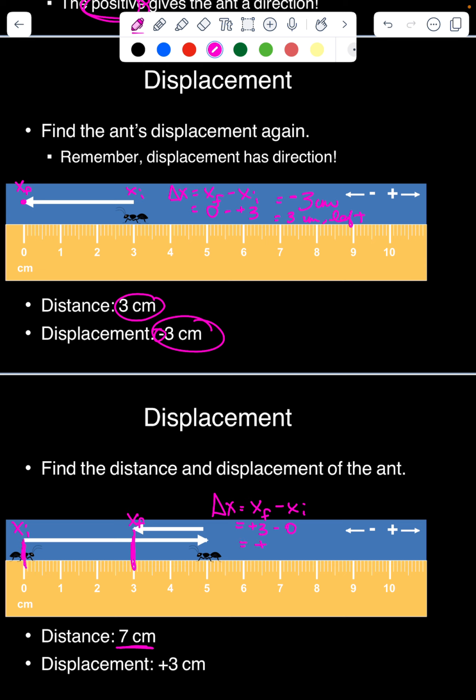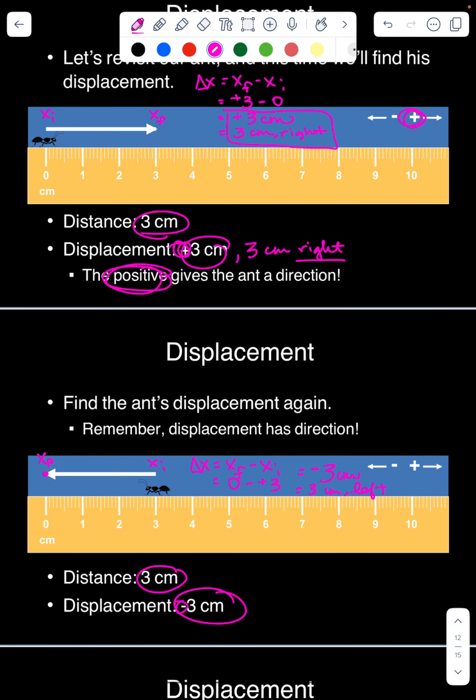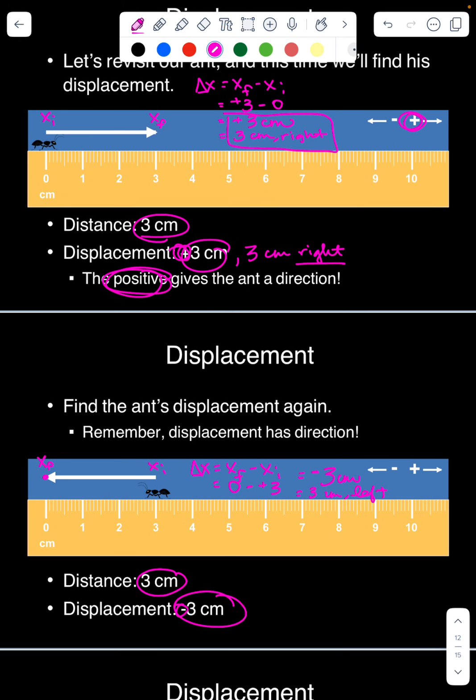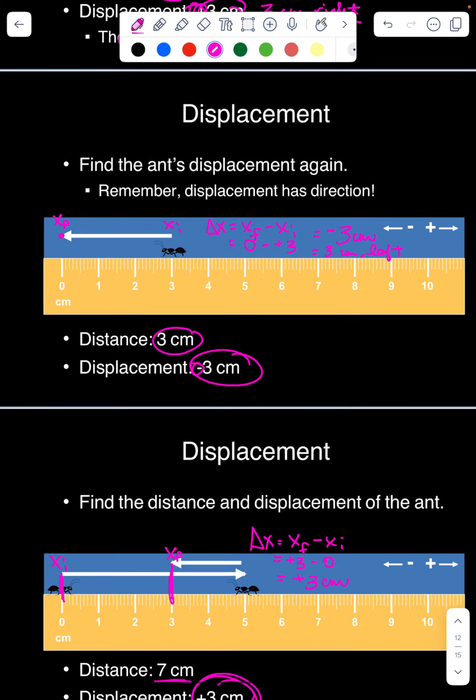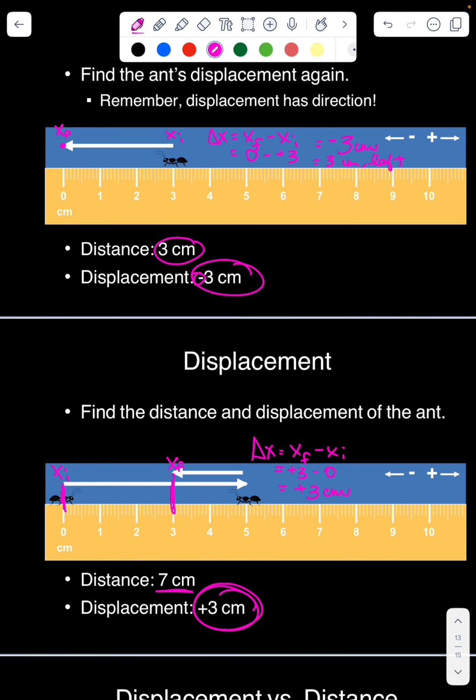So we have 3 minus 0, which gives us positive 3 centimeters. Okay, so our displacement is positive 3. So notice the difference. With the other two, the distance and the displacement were the same. We just had directions added to them. But this one, because it was 2 different motions, these two are not going to be the same.